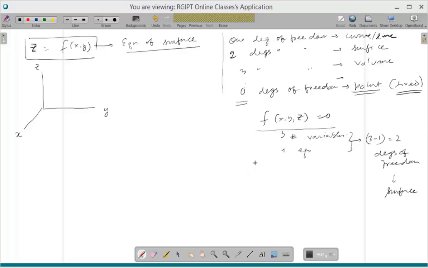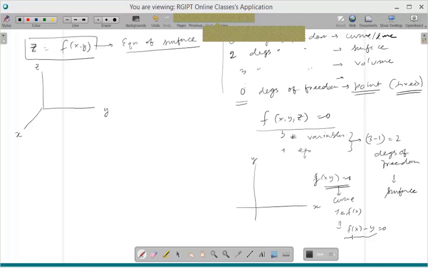Another example: if I have two dimensions, x and y, and an equation g of x comma y equal to 0, that's a curve. So y equals f of x is a curve, which is essentially f of x minus y equal to 0, which you can take to be g of x comma y.